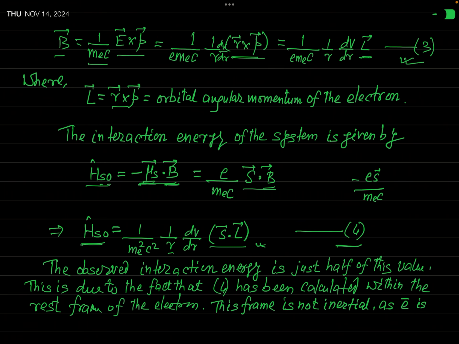In fact, for a correct treatment, we must transform to the rest frame of the nucleus, that is the lab frame. And this transformation, which involves a relativistic transformation of velocities, gives rise to an additional motion resulting from the precession of this mu s. This precession of mu s is called Thomas precession.